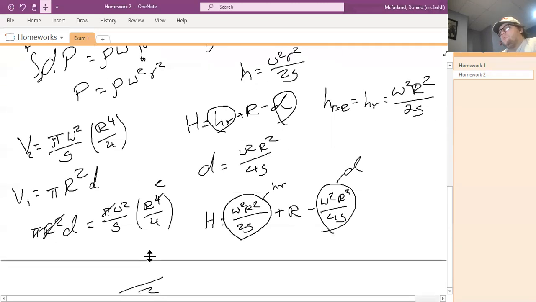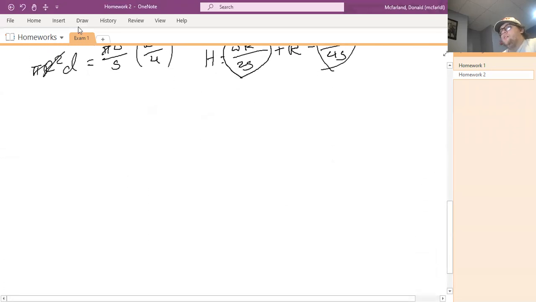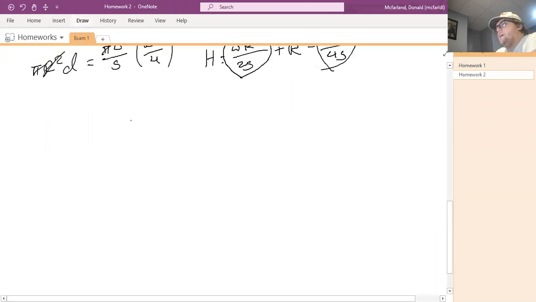Go ahead and get more room down here. And so what's going to happen now is these two will combine. So we're going to be left with H is equal to omega squared R squared over 4 times gravity plus R. So we want to get the omega term on this side.